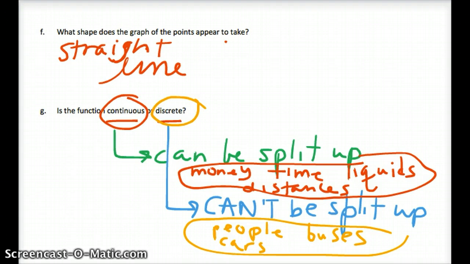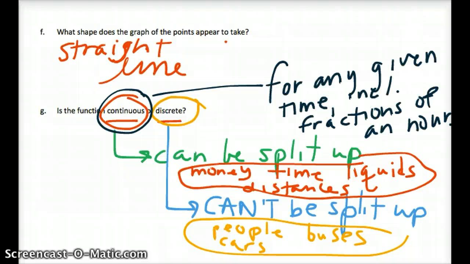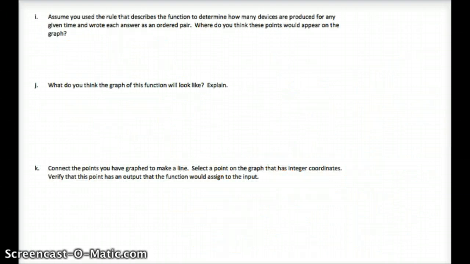Things written in yellow are discrete. So, in this case, the function is continuous because we can find the number of devices produced for any given time, including fractions of an hour. So sometimes that can be confusing, but in this case, that's the answer.